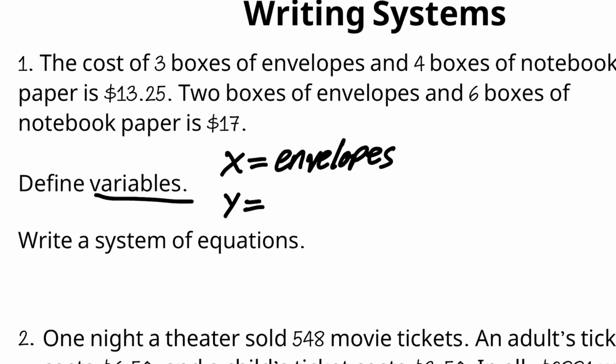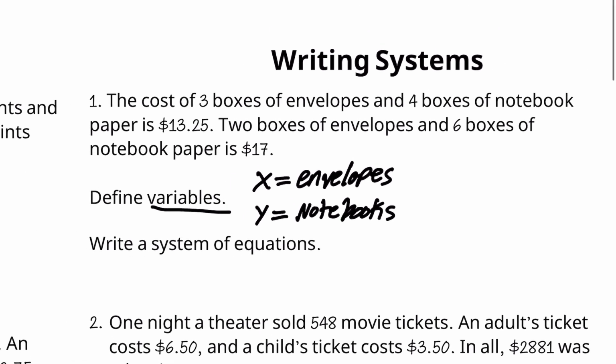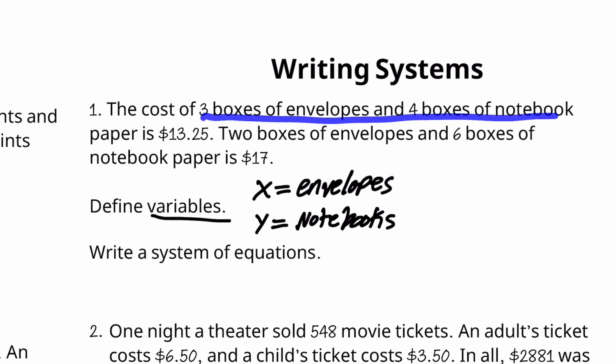So we can say notebooks. Now, from here, we can actually generate an equation from this first sentence. So 3 boxes of envelopes, that's 3x, and 4 boxes of notebook paper, that's 4y, is going to equal 13.25.